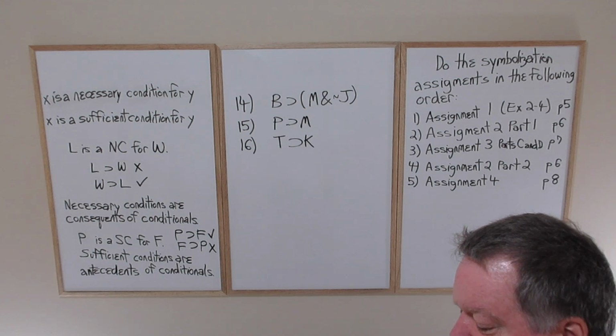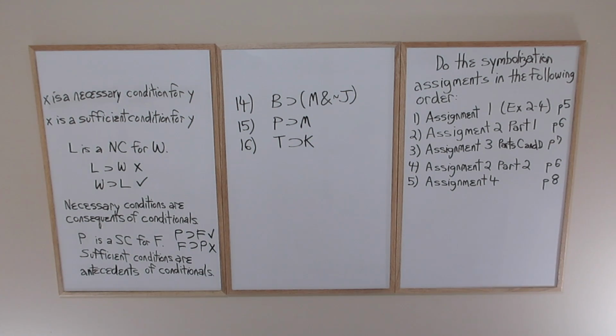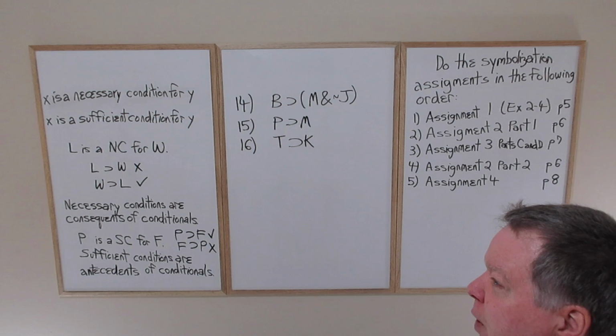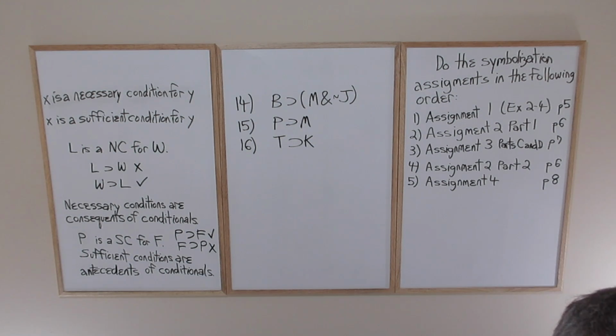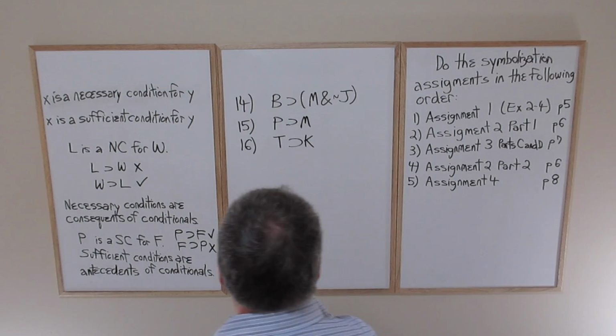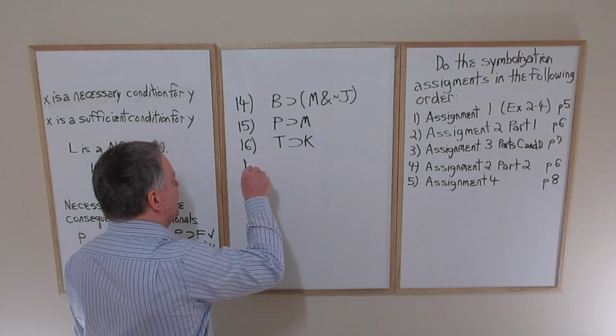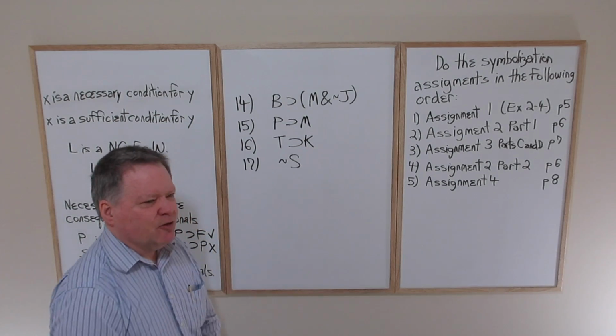Let's suppose that "Santa exists," as they have in brackets, is symbolized by the capital S. So Santa exists is S. What would Santa does not exist be then? It would be tilde S.